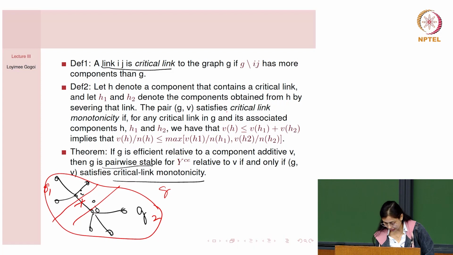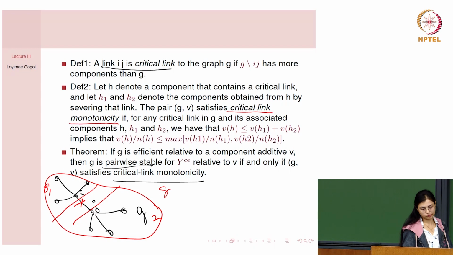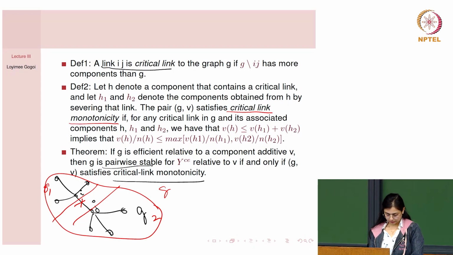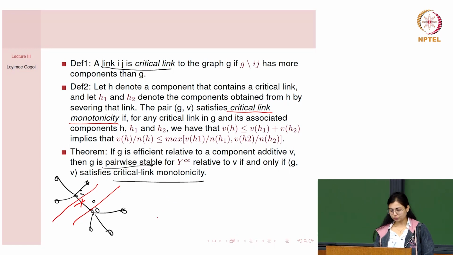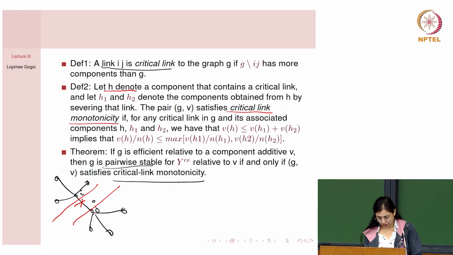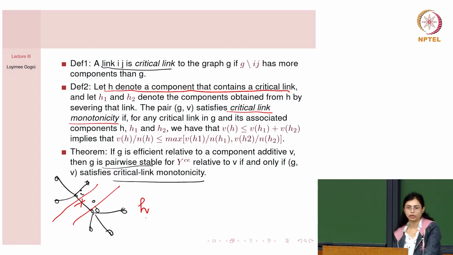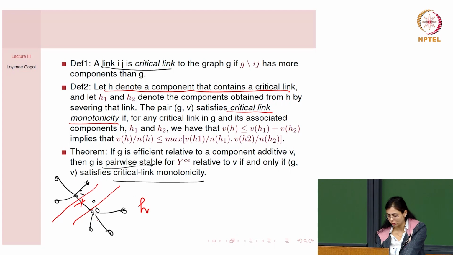Now let us see what critical link monotonicity is. For example, say H denotes a component that contains a critical link. This is the whole component H that contains the critical link ij.